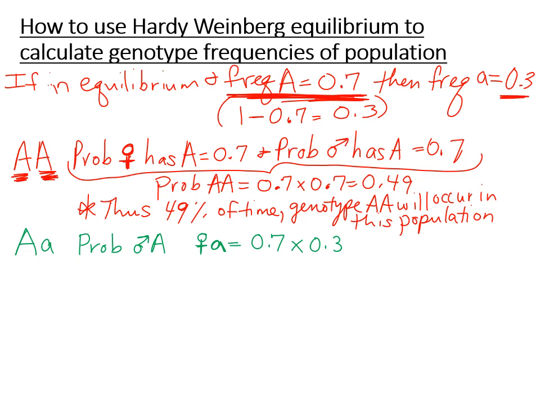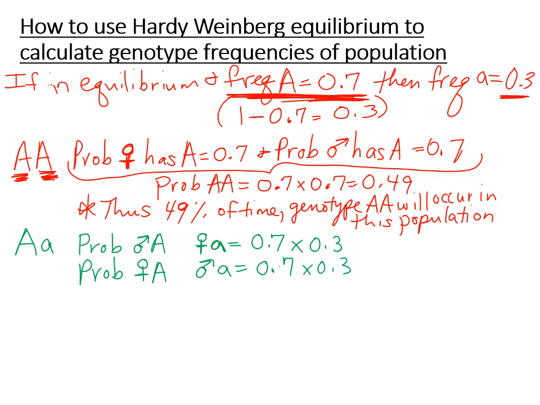No, you can also get a heterozygote by getting the dominant allele from mom. Okay, so there's a chance of getting dominant allele from mom and getting recessive from dad. So that is 0.3 times 0.7, or in this case, 0.7 times 0.3 again.